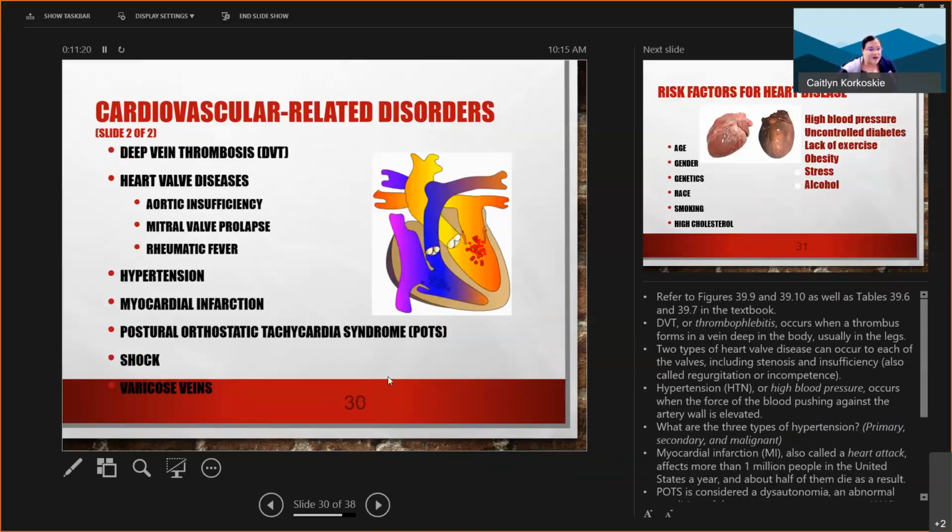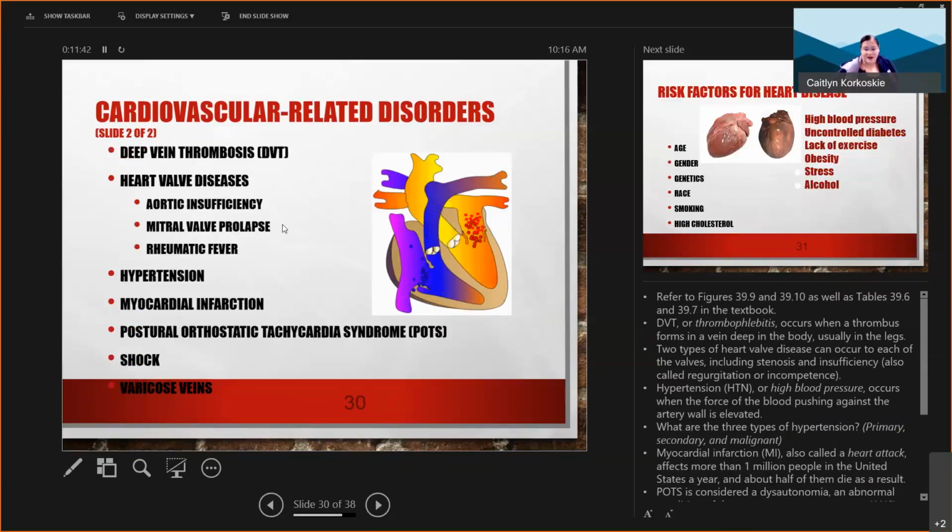Okay, so some other disorders could be a DVT, which is a deep vein thrombosis, which is a fancy way of saying a blood clot that blocks circulation in a vein. Usually it happens in the legs.